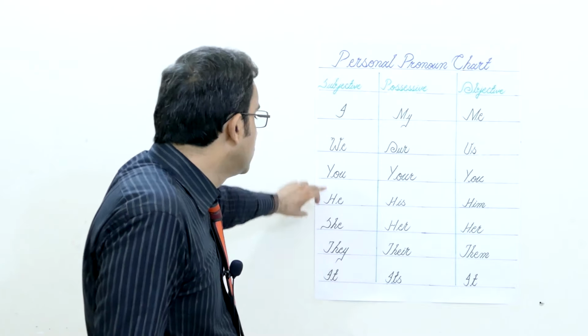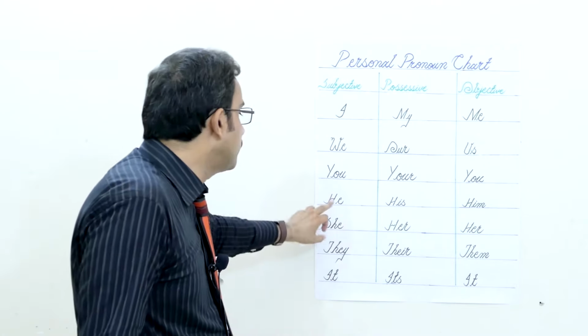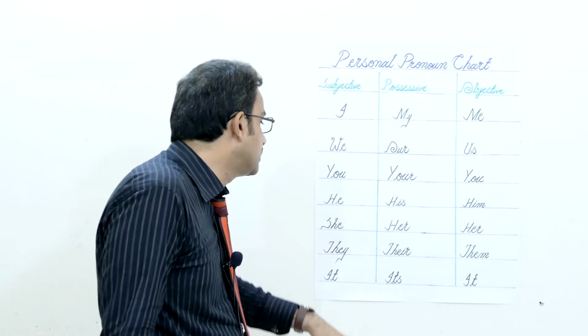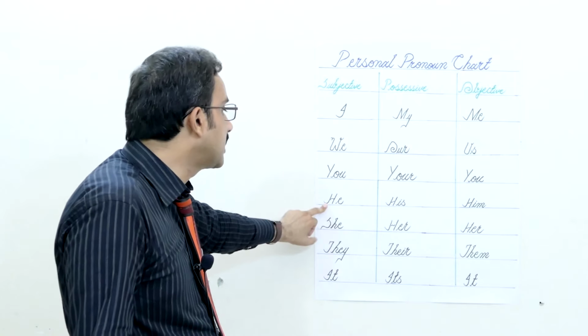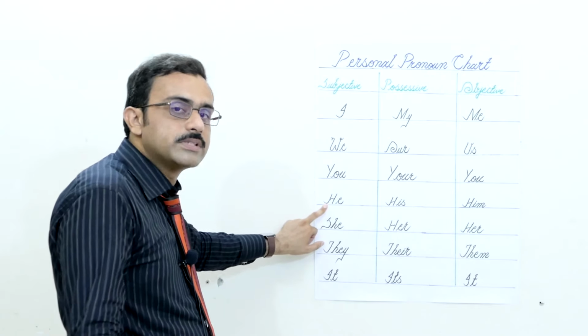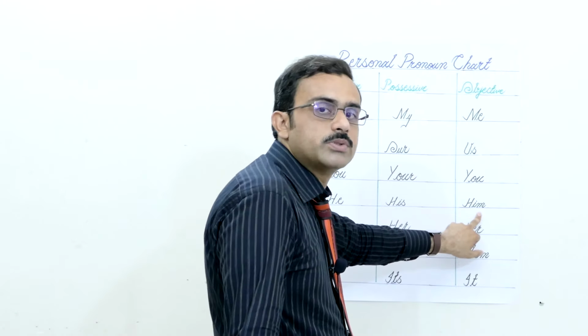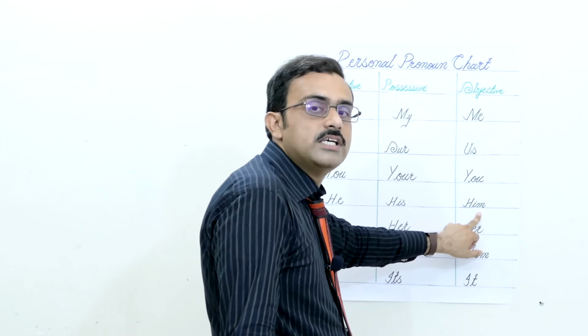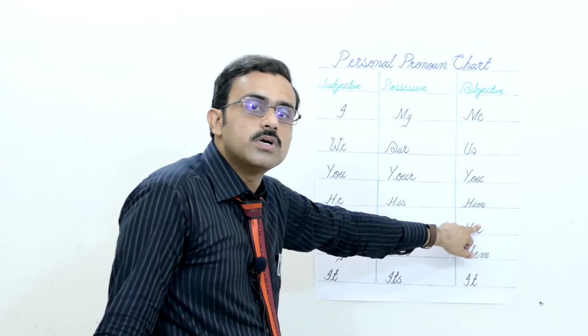Then we have third person pronouns. In third person pronouns we have he, she, they, and it. Here we can change he, the subjective case of the third person pronoun, into the objective case, which is him. He changes into him.